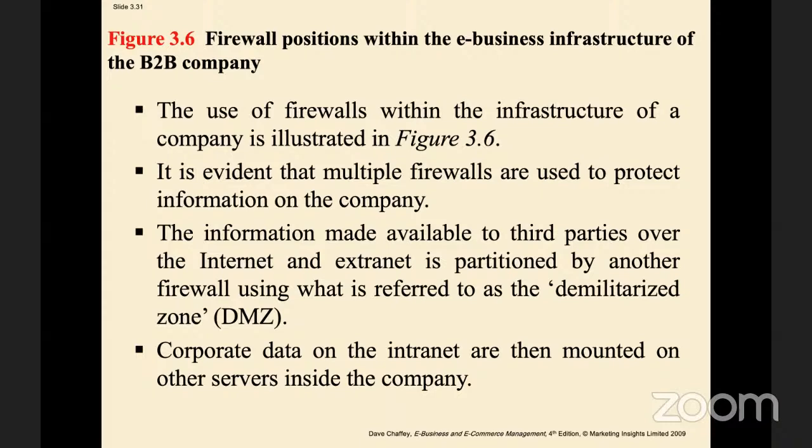Number 3, the information made available to third parties over the internet and extranet is partitioned by another firewall using what is referred to as a demilitarized zone. Then finally, corporate data on the intranet are mounted on other servers, including the other servers inside the company.